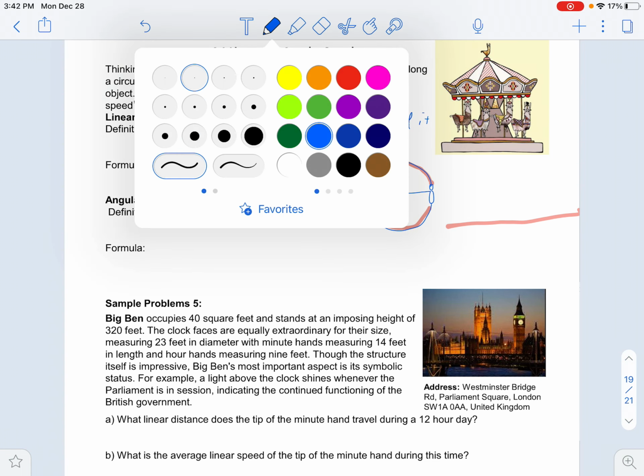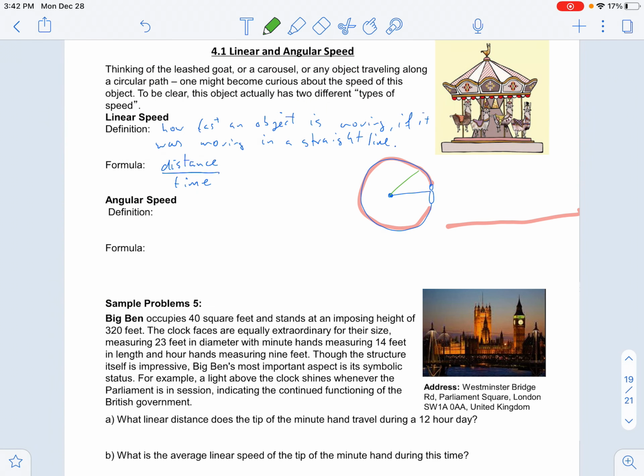Now, angular speed is something very different. It is looking at the angle. It doesn't care about how far the goat is away. In fact, if there was a tiny mini goat right here and they were walking side by side, this baby goat would have a much lower linear speed because it's on the inside circle, but it would have the same exact angular speed because it's always moving at the same exact rotation.